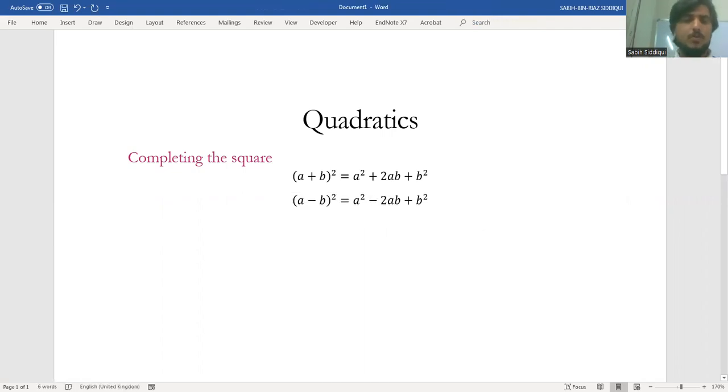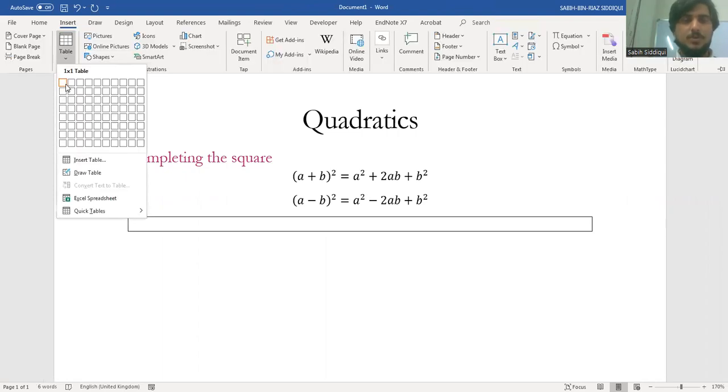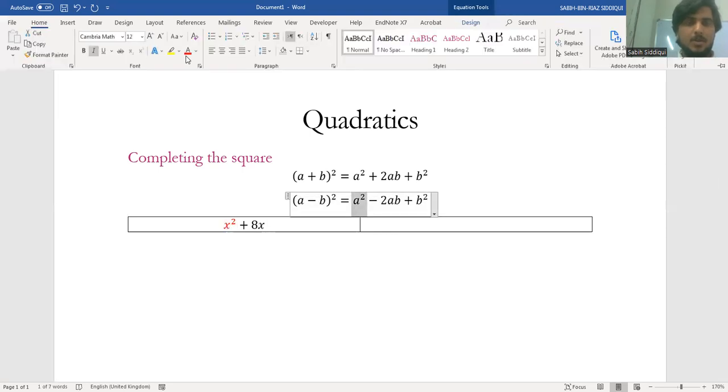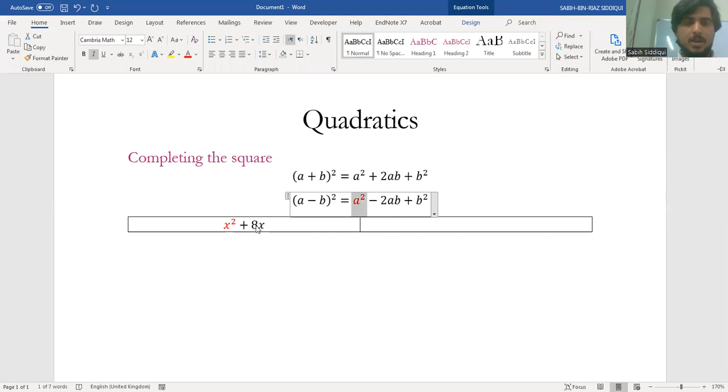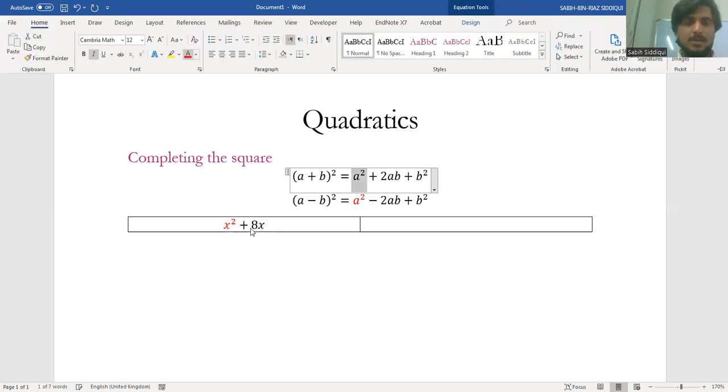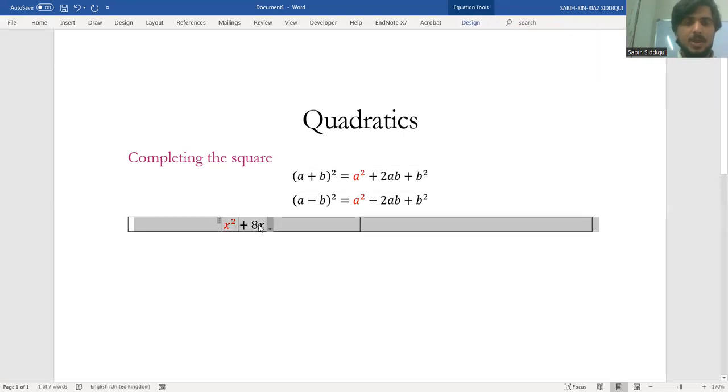So the first and foremost idea is to search for two things. If we start with x squared plus 8x, now what do we say? This term, x squared, we can consider as our a square, and the 8x can be considered as the second term, which is the 2ab.